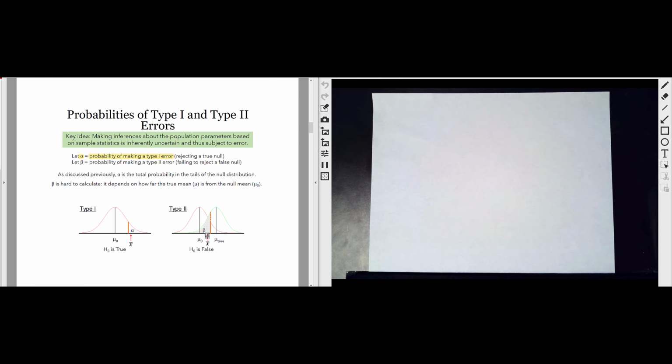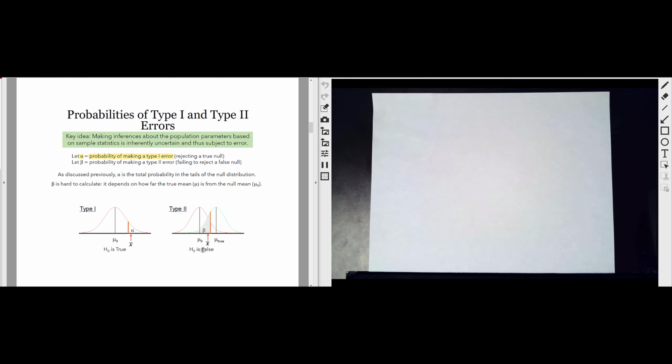But in this case, if we draw a sample and the sample mean is below the critical level, even though H0 is false, we are not going to reject that false null hypothesis. And the probability of doing that is labeled by beta here.